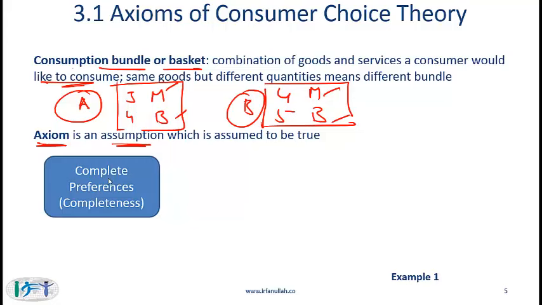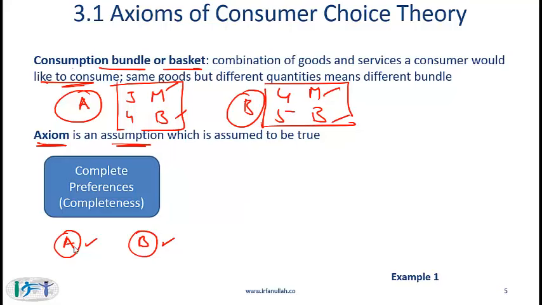The first axiom is complete preferences, or completeness. This means that given a choice between bundle A and bundle B, a consumer will be very clear about whether he prefers A or prefers B or is indifferent.